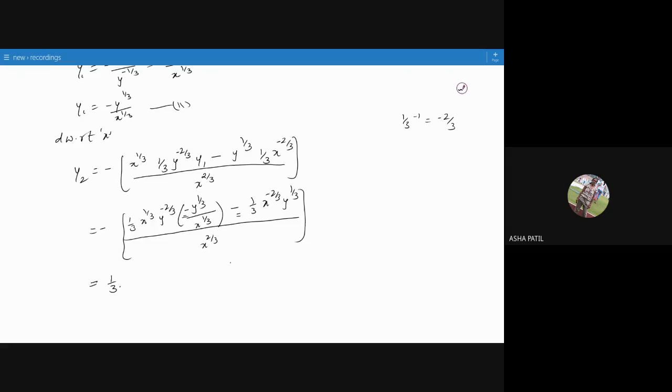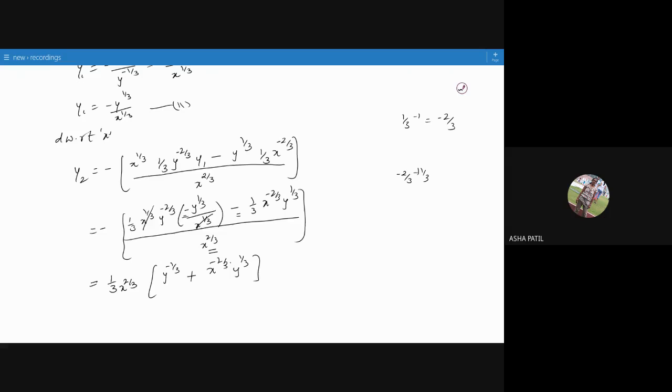So 1 by 3, let me keep x raised to 2 by 3, this denominator term outside. Now what we have is, here x raised to 1 by 3 cancels, y raised to minus 2 by 3 into y raised to 1 by 3. That is minus 2 by 3 plus 1 by 3. We have y raised to minus 1 by 3 plus x raised to minus 2 by 3 into y raised to 1 by 3, plus, because minus is kept outside.